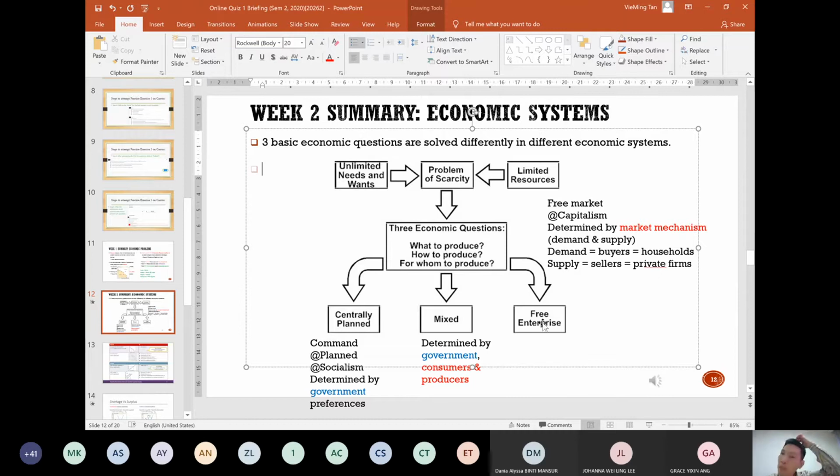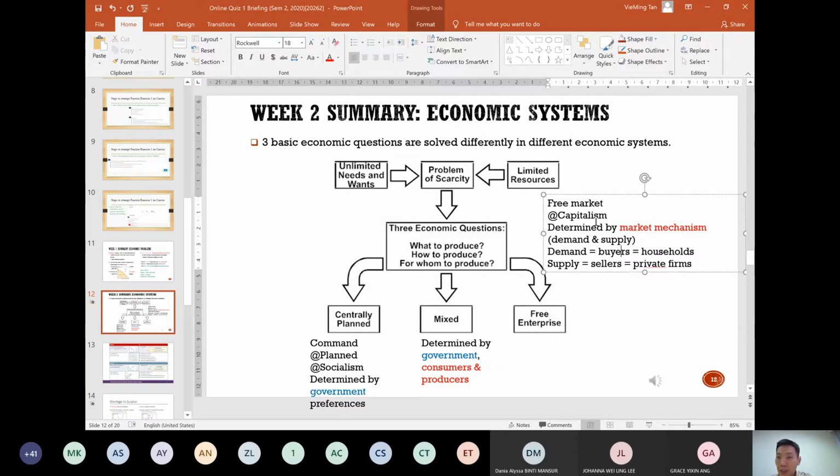Then how about the government in the free market economy? Is the government going to be involved in answering these three economic questions? The answer is no. In pure capitalism, the government is not going to interfere.